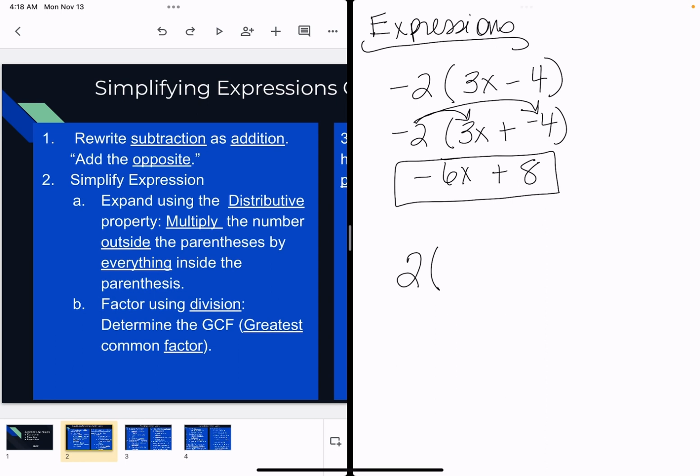How many times does 2 go into -6x? -3x. And how many times does 2 go into 8? Plus 4. You could do it that way. You could also do it the way that we started with, the -2. We could factor out a -2, and we would end up with the exact same 3x - 4. Okay? So both of those ways would allow you to factor out.